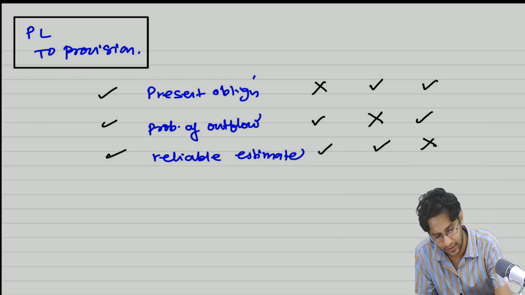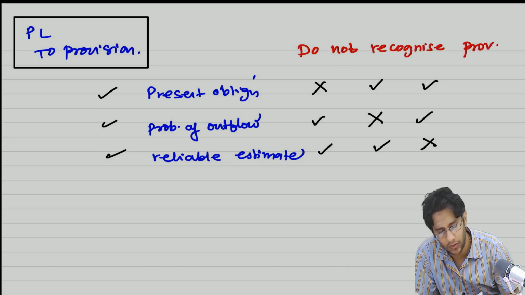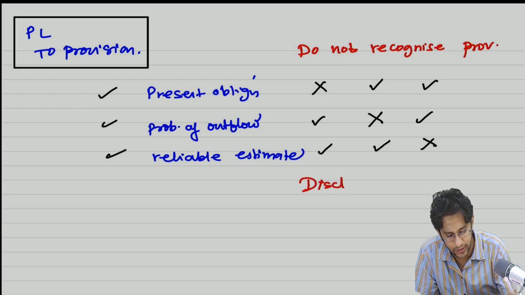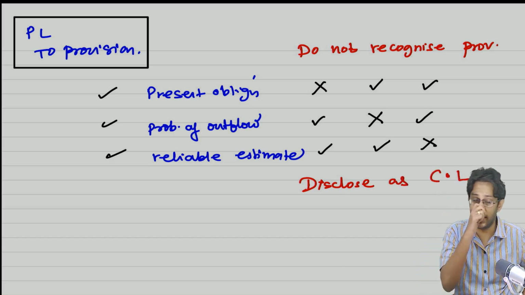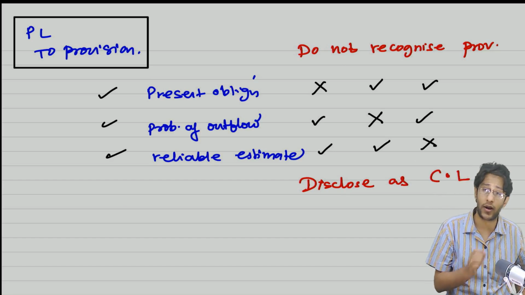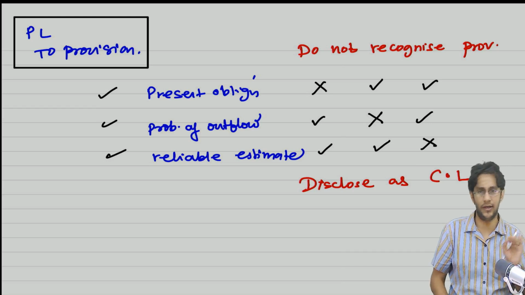In these cases, sir, you cannot recognize provision. Rather we will only disclose it as contingent liability. So the scenarios where the provision recognition criteria fails, that automatically becomes a contingent liability disclosure.